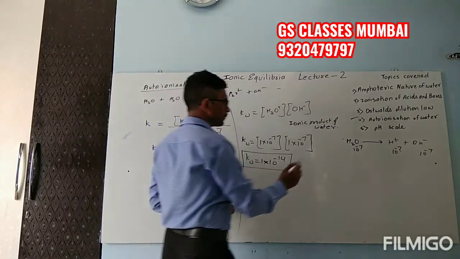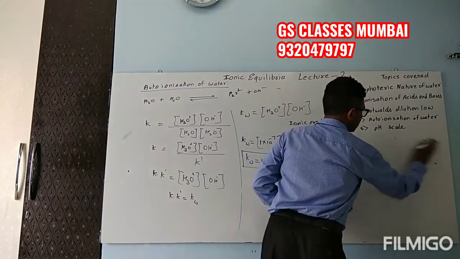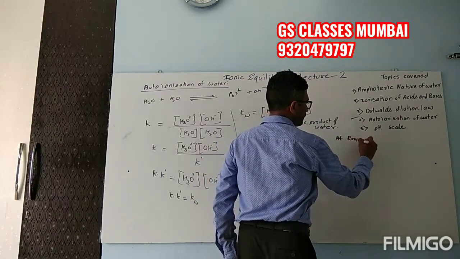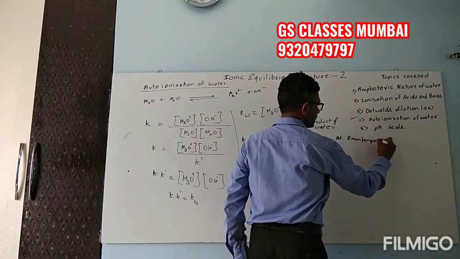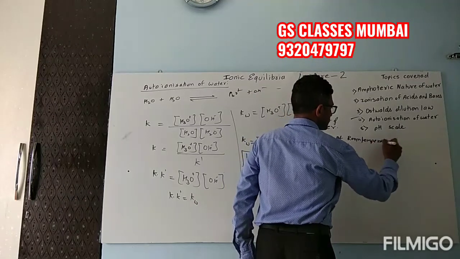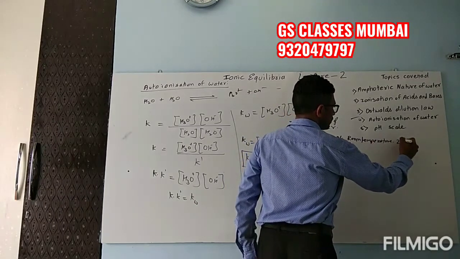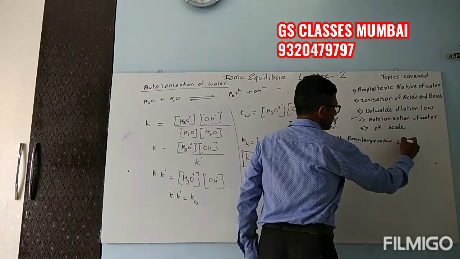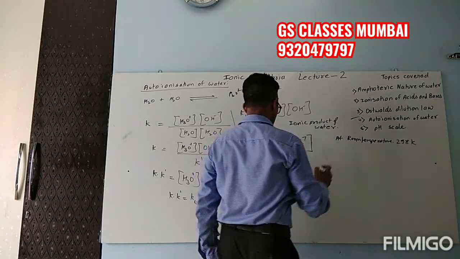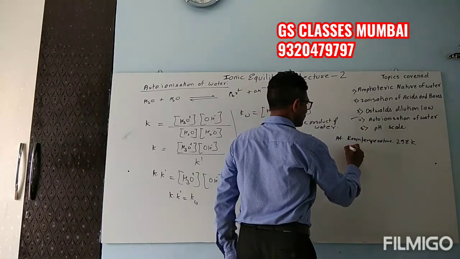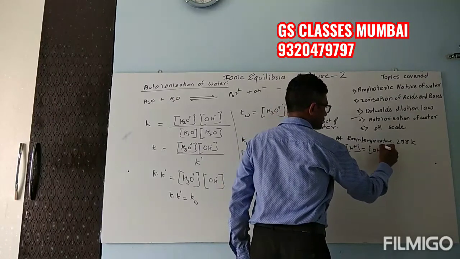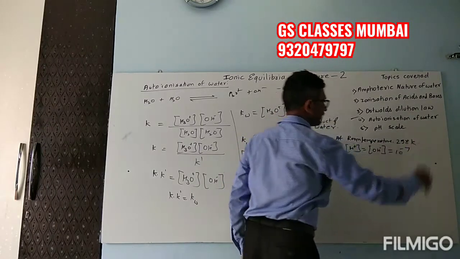Here we write at room temperature, that is 273 plus 25, 298 Kelvin, hydrogen ion concentration equals hydroxide ion concentration equals 10 to the power minus 7.